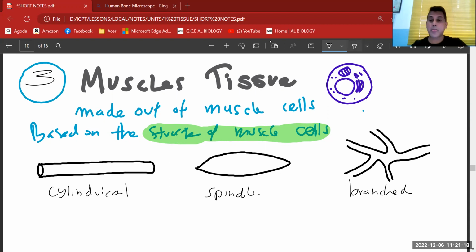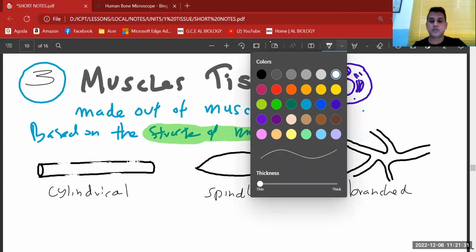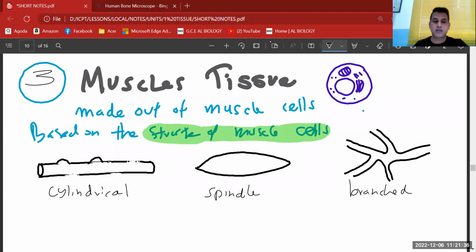And another thing we can also find: so far a cell has a nucleus. Now this cell can have many nuclei. One, two, three, four, five.